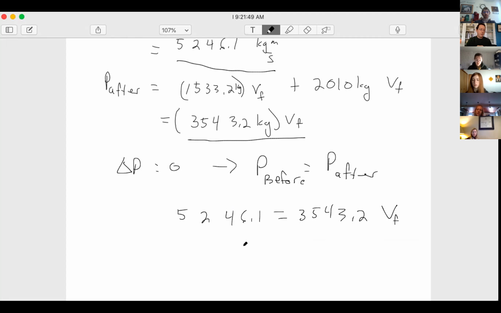So if I rearrange that, I do 5,246.1 divided by the answer, and I'm getting 1.48 meters per second. I divide both sides by the total mass.